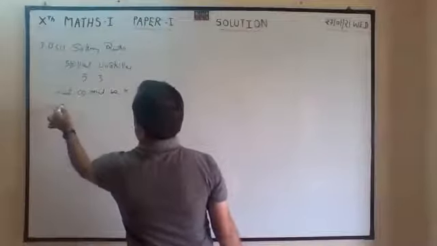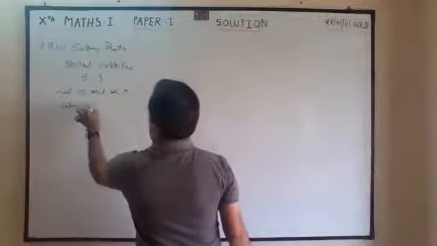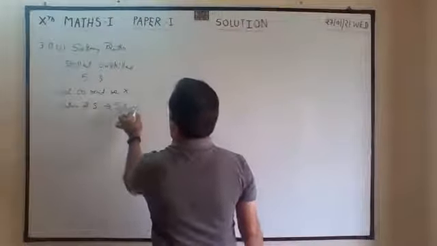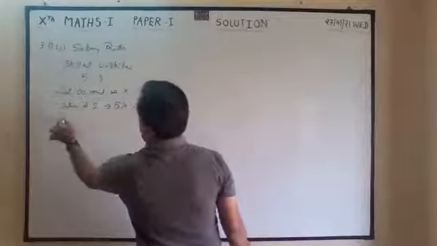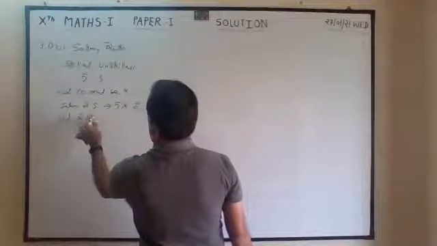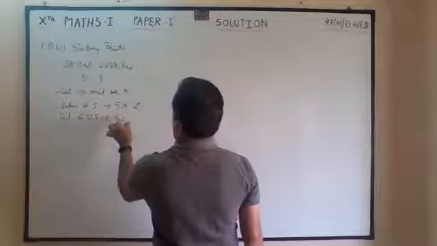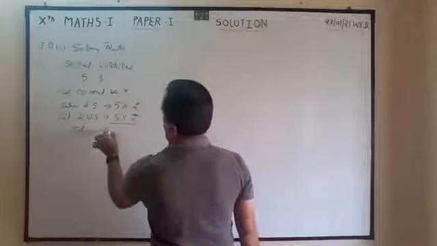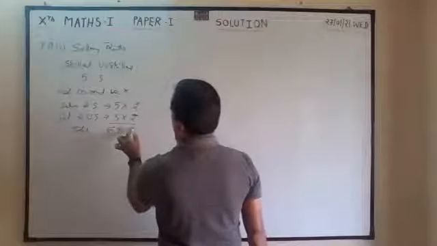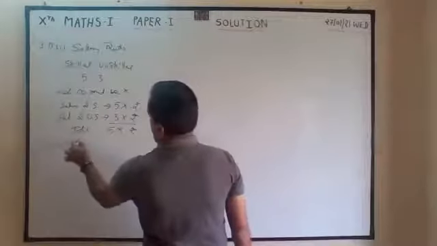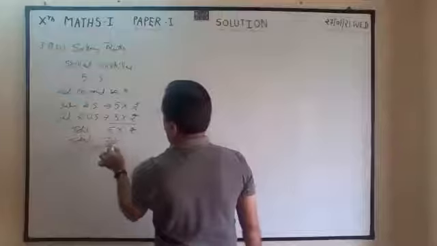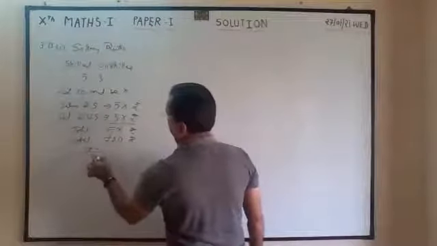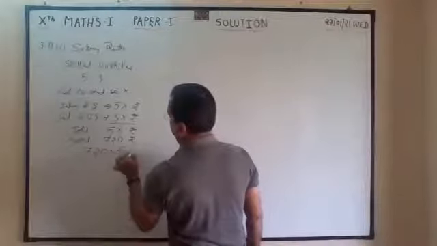Therefore, salary of skilled is 5x rupees, salary of unskilled is 3x rupees. Total 8x rupees. Total they have given 720 rupees. Therefore, 720 is equal to 8x.